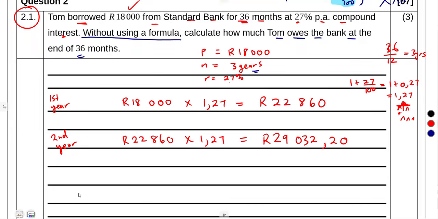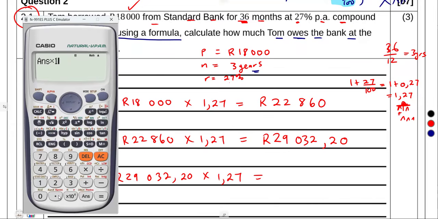Remember, for how many years? For 3 years. So for the third year, which is the final year, he is going to be owing how much? You start with this amount, that's 29,032.20, times the same way it is increasing, 1.27. So this is the same throughout. You multiply by that for compound interest.